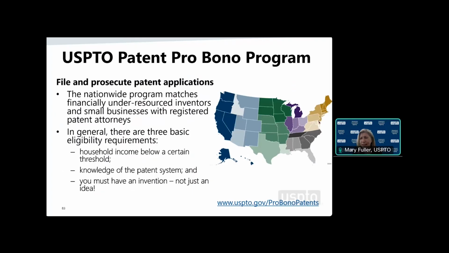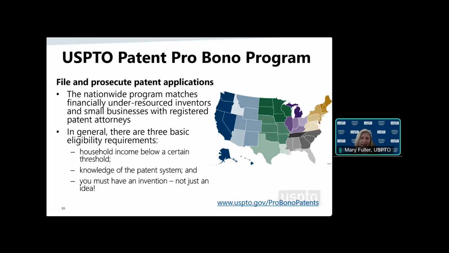Now, if you were sitting in Alaska, you might not realize that because it sounds like California. But if you go online and look at our pro bono patents page, www.uspto.gov/pro bono patents, you will find out who serves you.